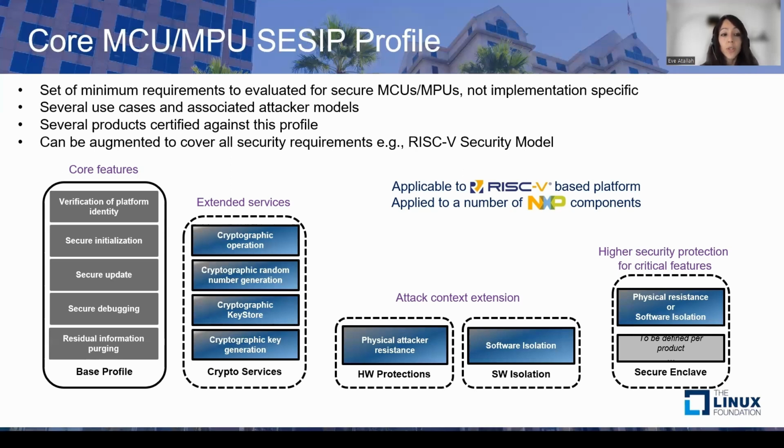It defines an optional extension with cryptographic features. It's optional because not all MCUs will implement heavy cryptographic operations. You also have optional extra resistance, physical and/or logical, with isolation, depending on the attack context to consider. And an option is also to claim some features in a secure enclave, which is isolated physically and/or logically from the rest of the platform.